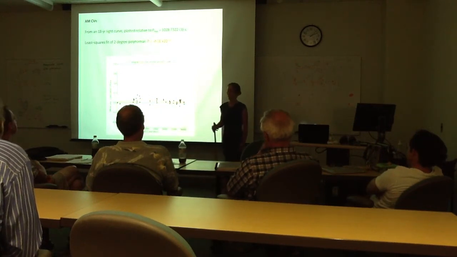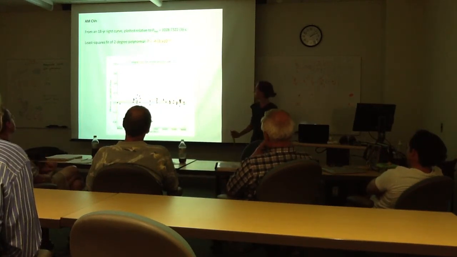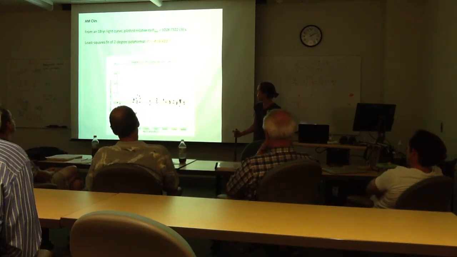I don't know if I'm saying that in very good English, but that was how I got a handle on how good a fit that really is, how significant a number that is.